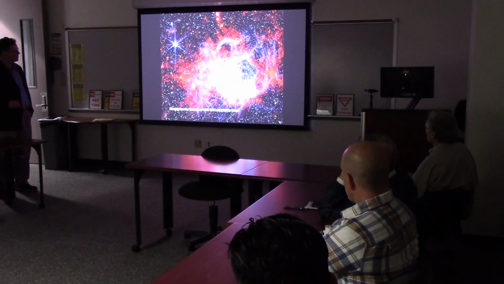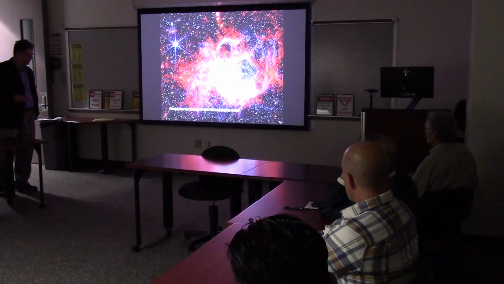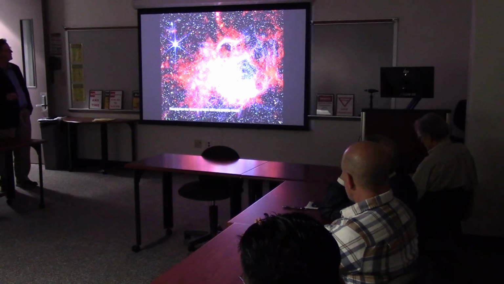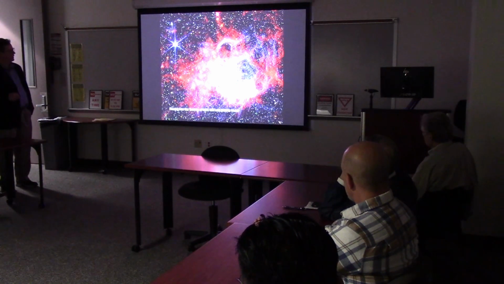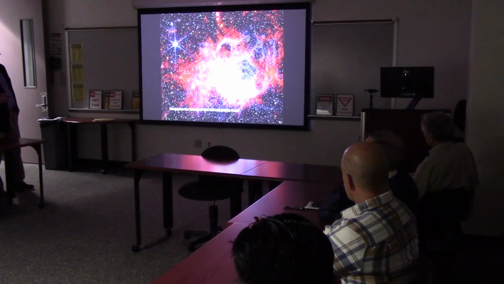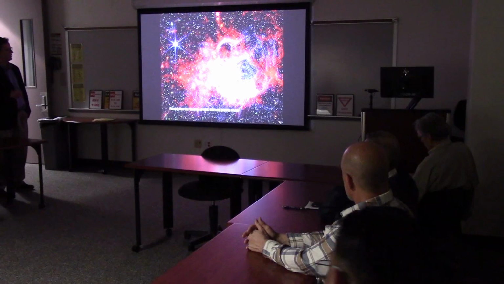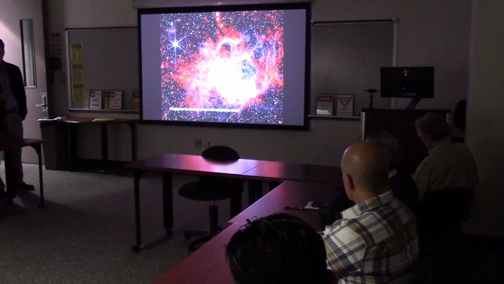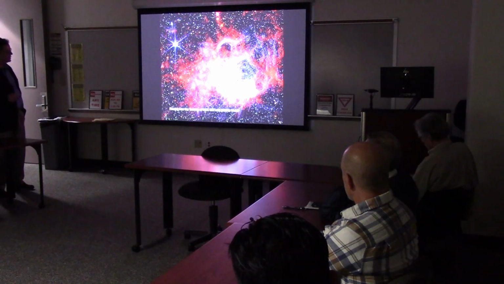Peering into the tendrils of New General Catalog 604, NASA's Webb. I think it's kind of astonishing. If you go to the NASA website, they'll have a number of different images with different versions of the color that they've put in here. They've colorized these different ways for different images.